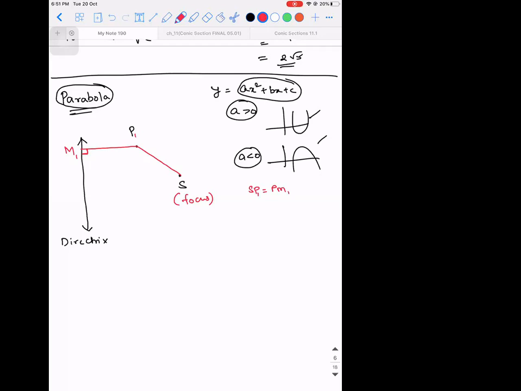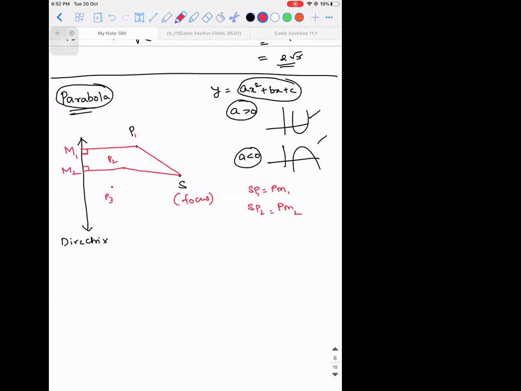Now I'm taking one more point, P2. If this point P2 has to lie on the shape of a parabola, what condition should it satisfy? If you join P2 to S, and from P2 you drop a perpendicular, which we call M2, then SP2 should be equal to PM2. Are you guys able to understand? Similarly, you take a point P3.